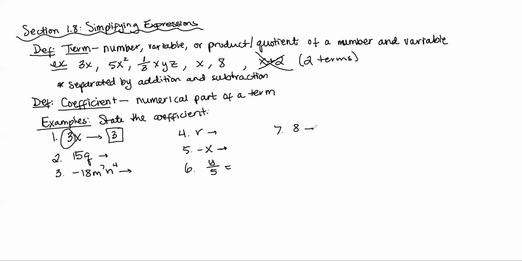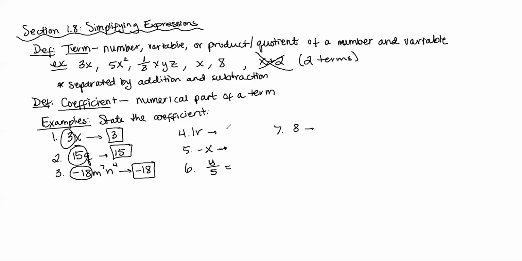All right, so now let's go ahead and go through each one of these. Number 2, the coefficient is just going to be 15. Number 3, the coefficient is negative 18. Just the numbers in the front, doesn't matter how many variables you have here or the exponents. Number 4, the number in front of r that isn't explicitly written here is 1.